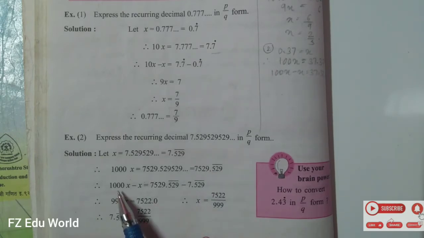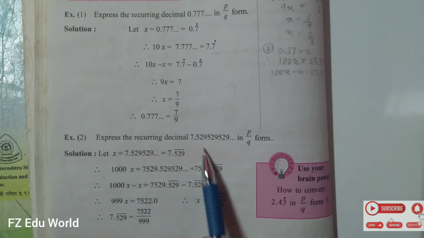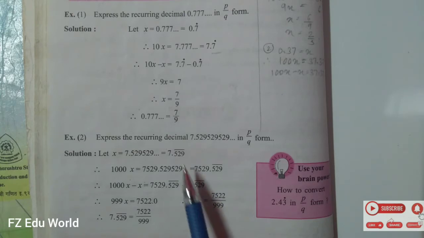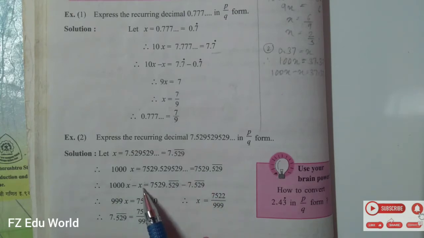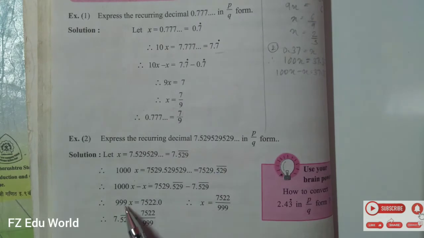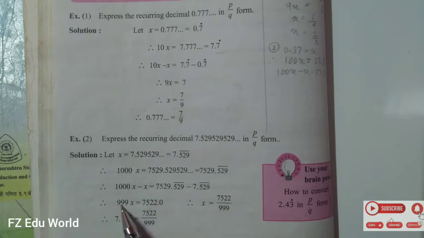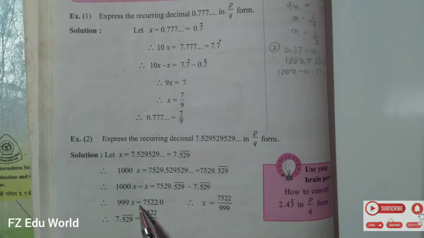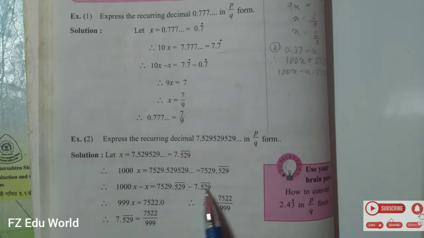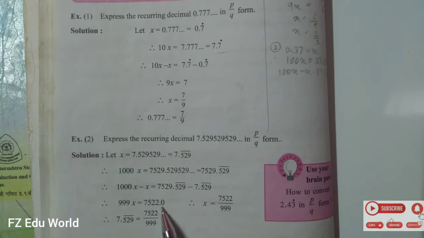7529.529 recurring. So this is our first equation and this is the second. We subtract the first from the second, that is 1000x minus x is equal to 7529.529 recurring minus 7.529 recurring. So 1000 minus 1, that is 999x. 1000x minus 1x, that is 999x, is equal to, on subtracting these two we will get 7522.0.